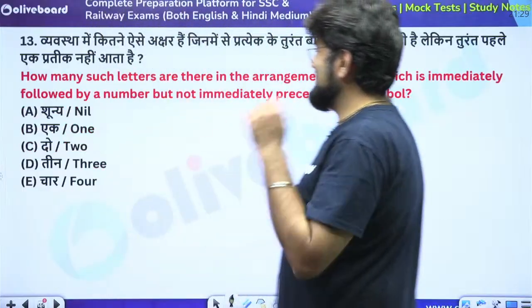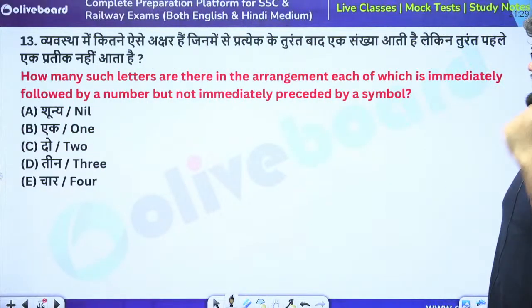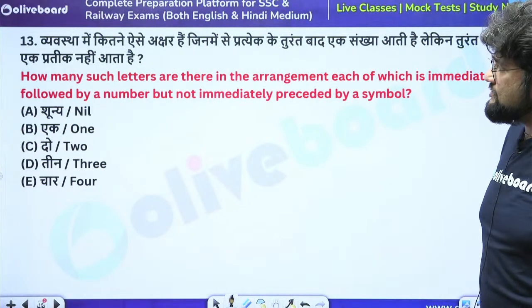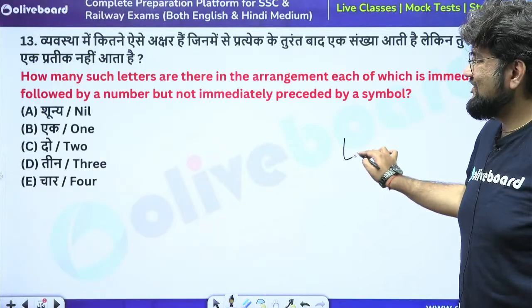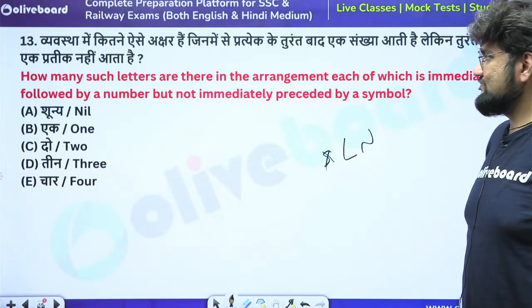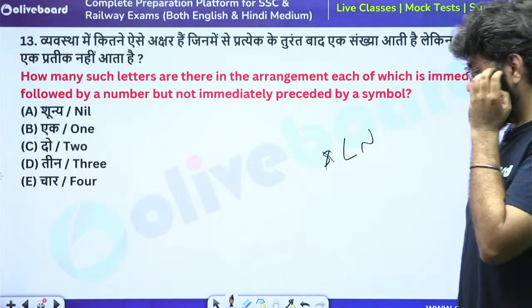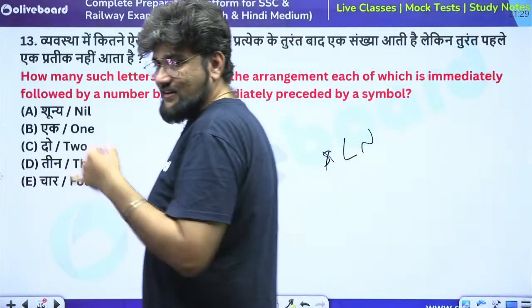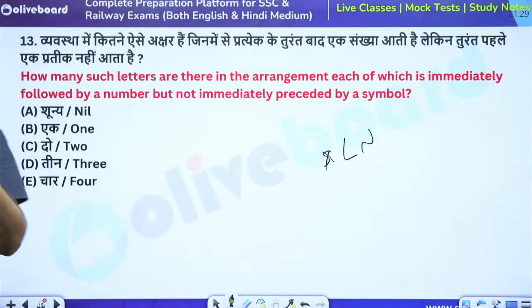Next, how many such letters are there in the arrangement, each of which is immediately followed by a number but not immediately preceded by a symbol? So we are looking for sets of letter number, but it should not be preceded by a symbol.